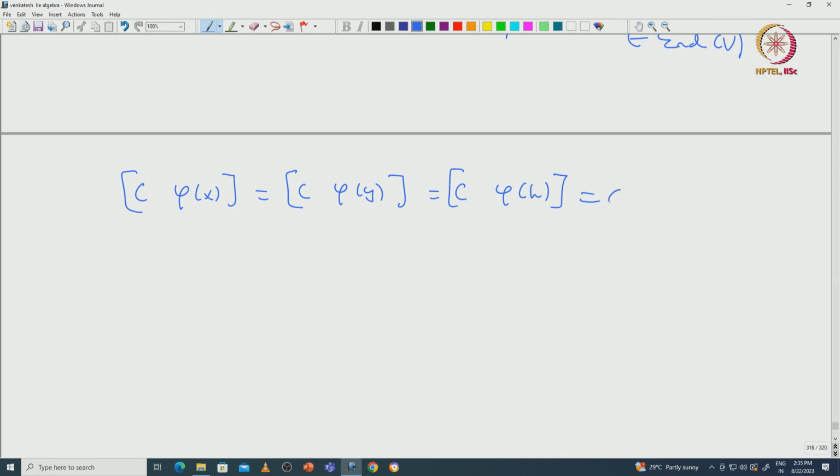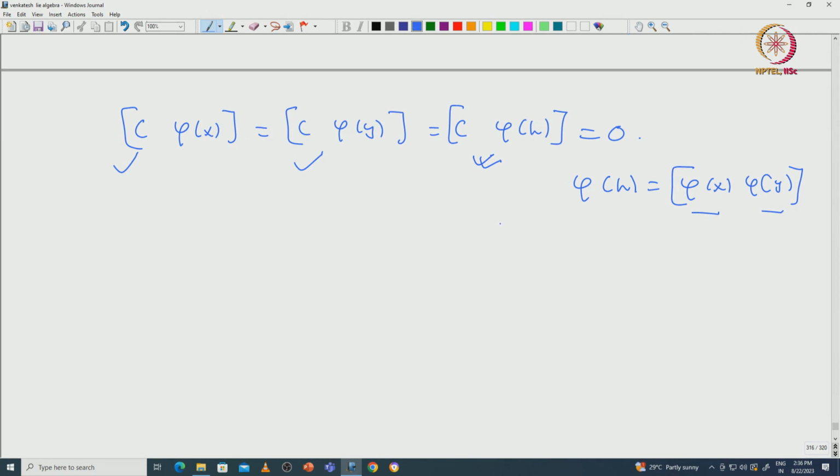All of these should be 0. It is enough to do only the first two, because phi h is nothing but the bracket of phi x and phi y. If something commutes with both phi x and phi y, then it will commute with the Lie commutator bracket, so this one will come for free.